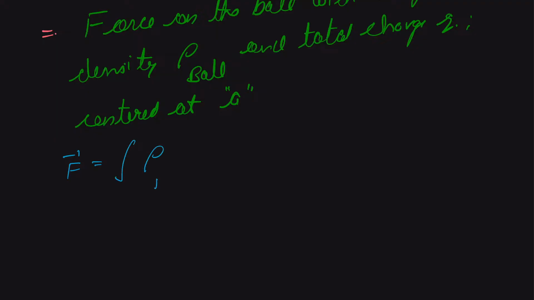Therefore we can write that our force will be equal to the integral of the charge density of the ball and the electric field because of the sphere, d of r. That's our standard formula to find the force. We consider a small portion having a force of dF, and then extend to the total force, which we already know how to do.